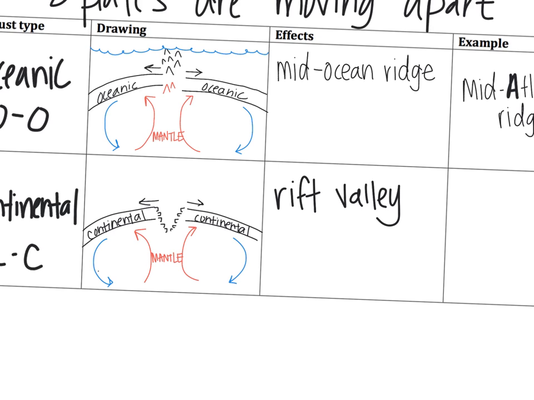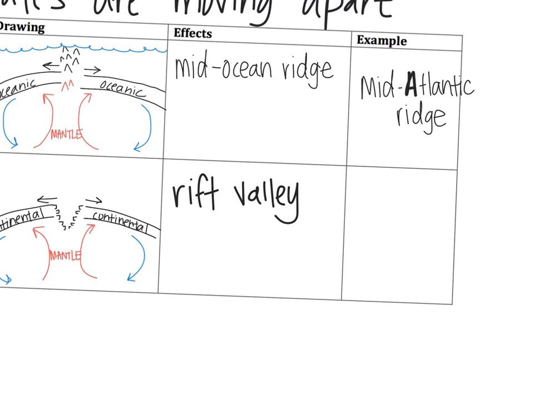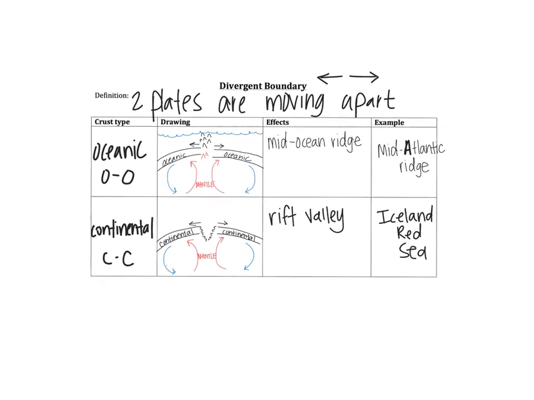It's literally just a valley that it happens in. And an example of that is in Iceland and the Red Sea.